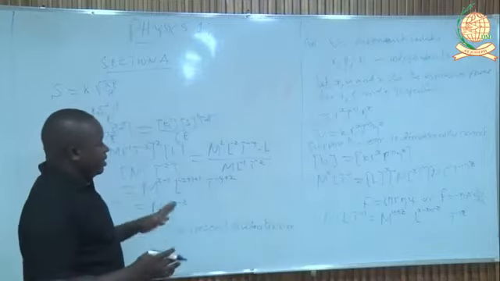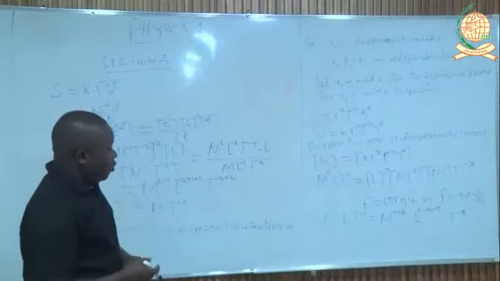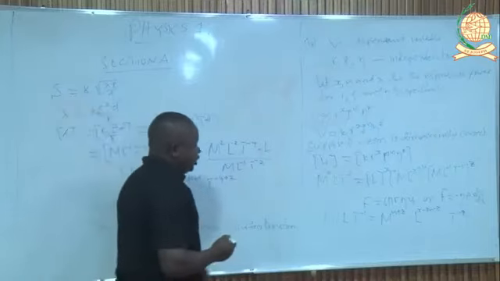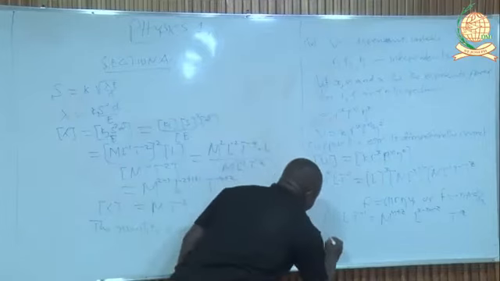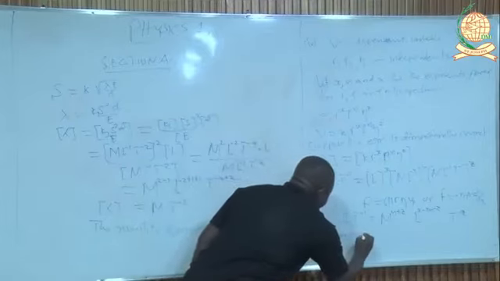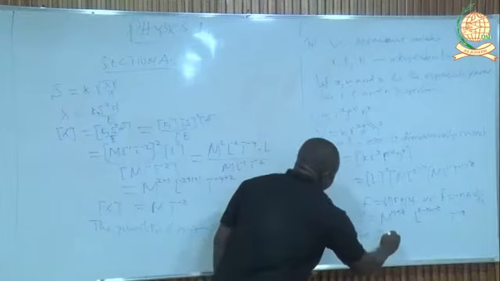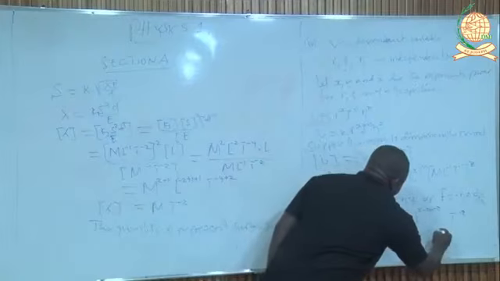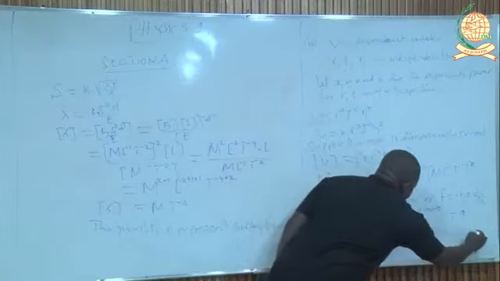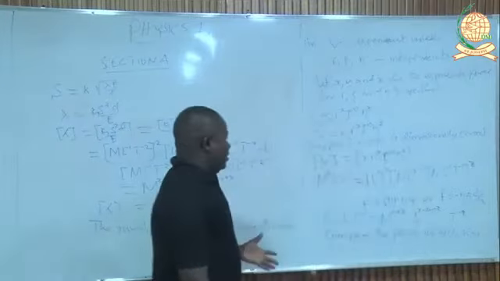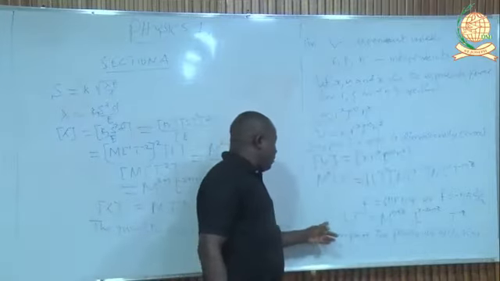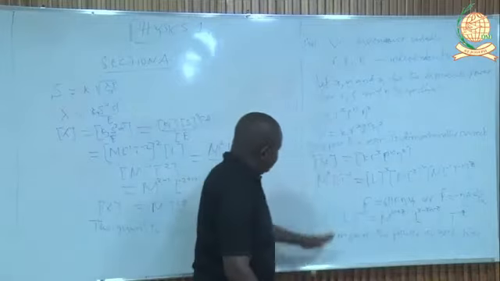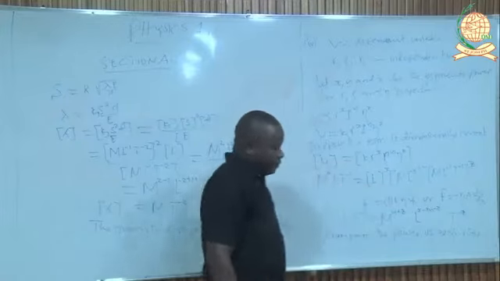Then after writing in one variable, compare the power of each side. That is the power of M and the power of M, power of L and the power of L, power of T and the power of T.